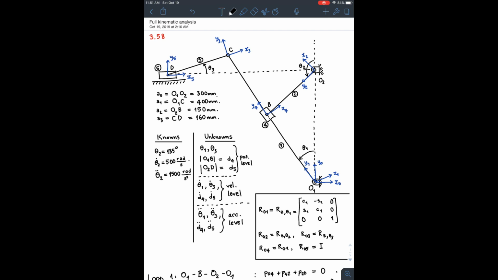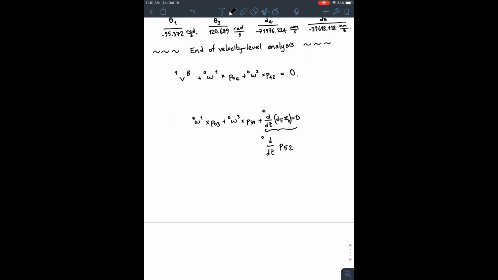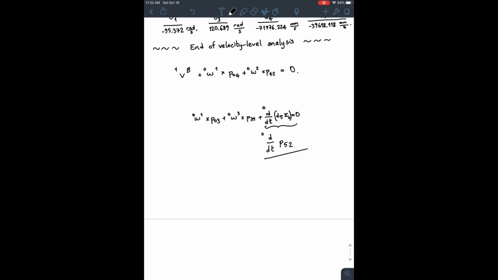Anyway, let me try to wrap this again. I'm going to use the first discussion that I made here. What I'm going to do is the following. I'm going to take this and make some computations here. d/dt in 0 of p52 is equal to d/dt in 0 of the position vector that goes from D to O2.